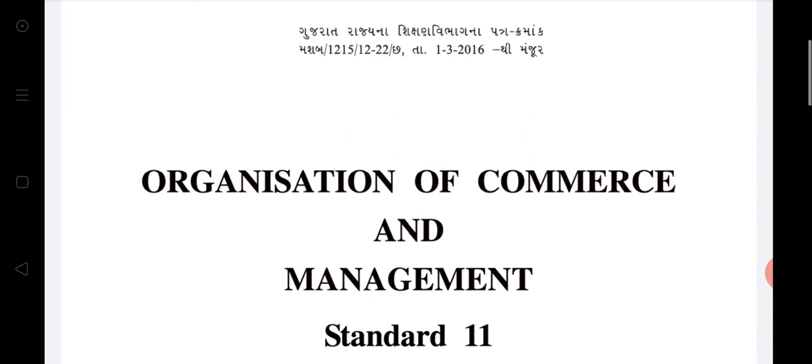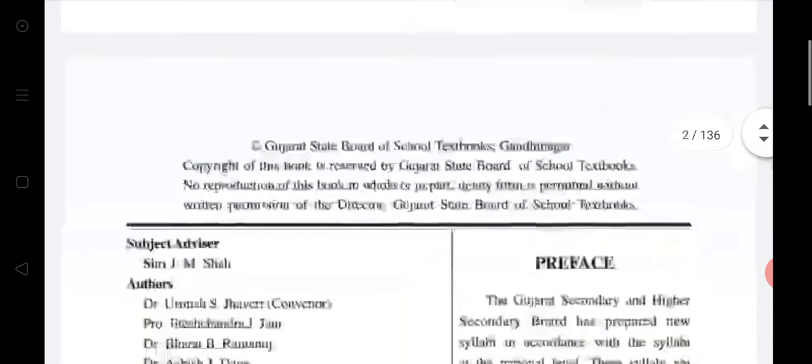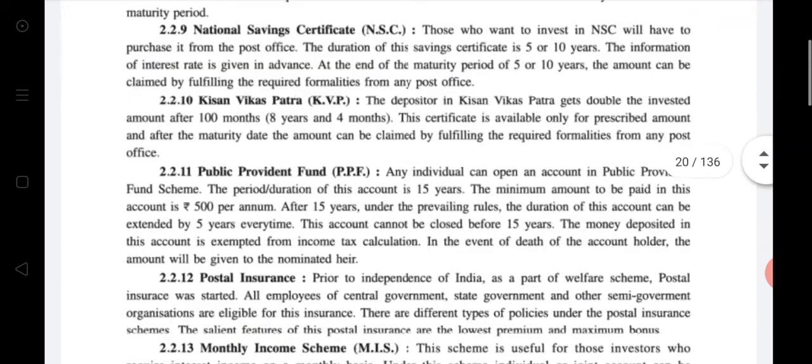So let's start. In lecture number 4 we revised all points and topics of chapter number 5 in detail, and also studied the advantages of partnership firm with detailed explanation. So now we are going to start today's lecture.